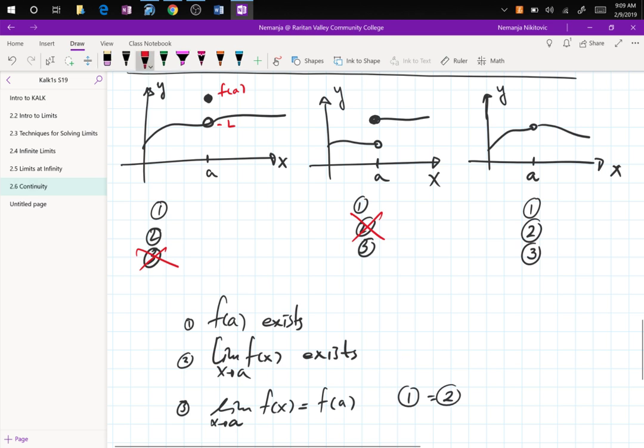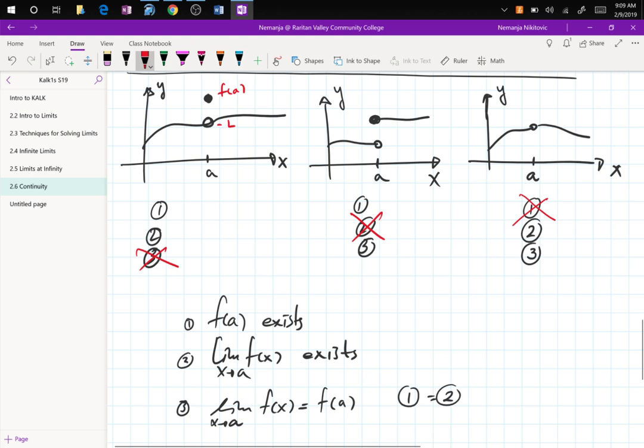And how about the first one? Number 1 fails because we don't have a dot like this to give us the y value, the f of A. So these are the 3 ways in which a function fails to be globally continuous.